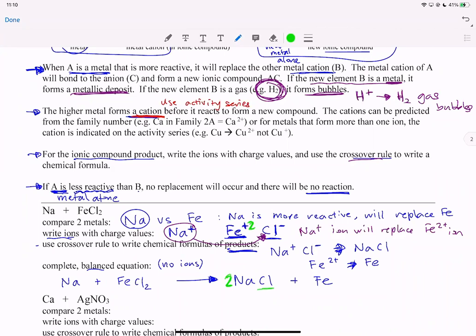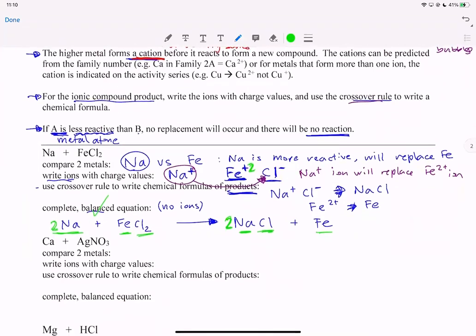That 2 is also in front of Na, so that means there's 2 sodiums. So I need to add a 2 in front of the Na on the left. You got 2 sodiums on both sides, 2 chlorines on both sides, and 1 iron on both sides. So that's balanced.